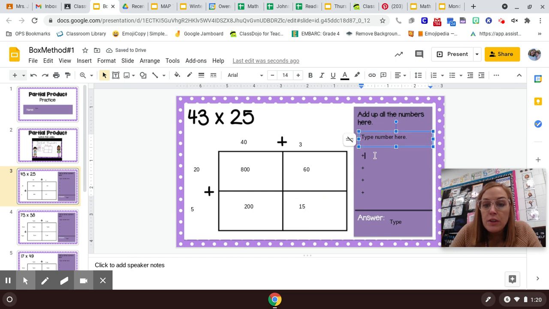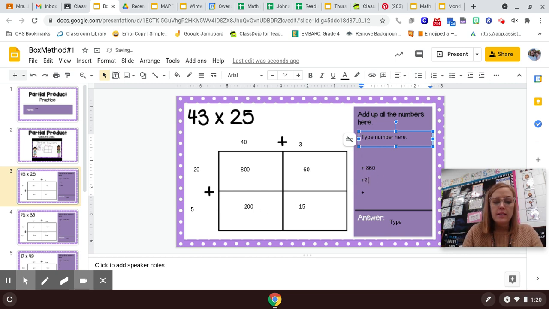Next, you're going to come over here to the side and you're going to add all those numbers together. So you're going to have 800 plus 60, plus 60, which we know is 860. So I would probably just do 860, get rid of that 800, plus, and then 215, right?